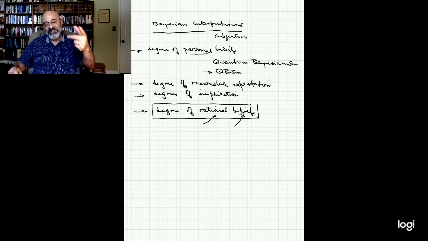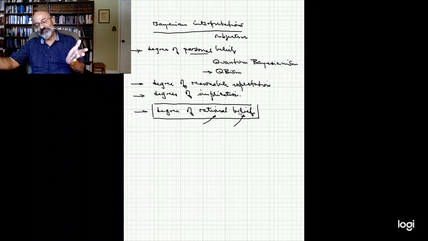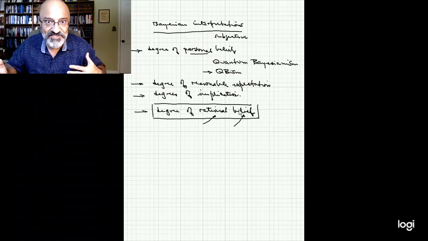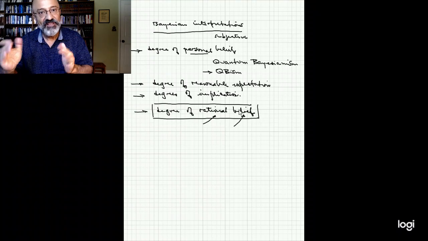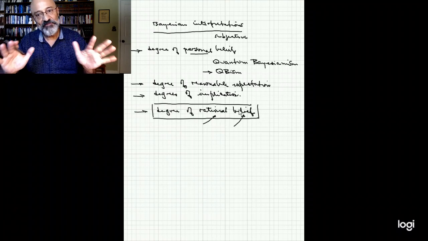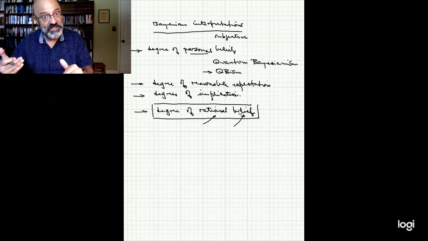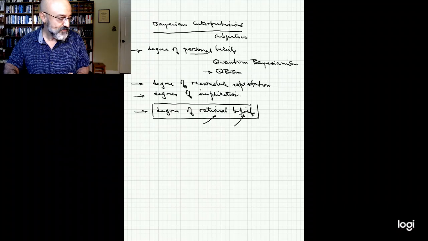It may not be easy to say when an argument is rational, but it is much, much easier to say when an argument is irrational. Spotting irrationality is much, much easier. So what we're going to do is try to come up with our probabilities and figure out how things work by eliminating irrationality, eliminating inconsistencies.